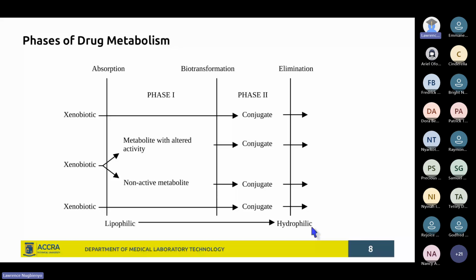So if a substance that is taken in is lipid, it has to be converted to a form that can easily be carried, transported in the hydrophilic environment, and at the same time can get excreted, because urine, for instance, in which a lot of the substances get excreted, is aqueous. And so the substance will have to be converted into a hydrophilic form in order for it to be easily excreted out of the body.